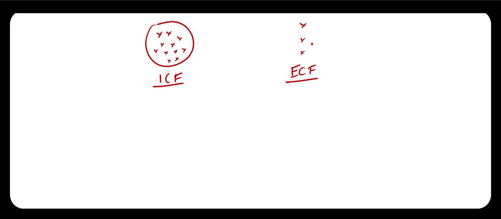So the first thing I'm going to say, and the order doesn't matter, is I'm going to talk about the ions. What I'm going to describe is what's going on in the intracellular fluid with respect to the extracellular fluid, or vice versa. So let's talk about ions first. In the intracellular fluid, I have more ions than I do in the extracellular fluid. So I have a hyper, too many, tonic ions in the intracellular fluid.